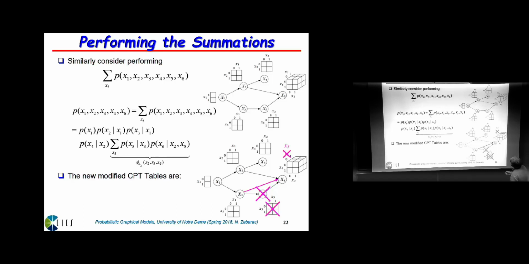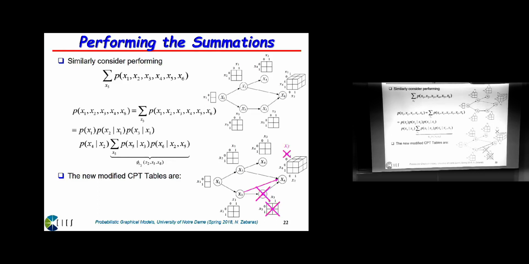You notice I have included x5 given x3, but also x6 given its parents x2 and x5. I have to perform a summation of this term, and we're going to call this a new potential. I'm going to call the potential phi, and put a subscript x5, so x5 reminds me which node I did the summation on.